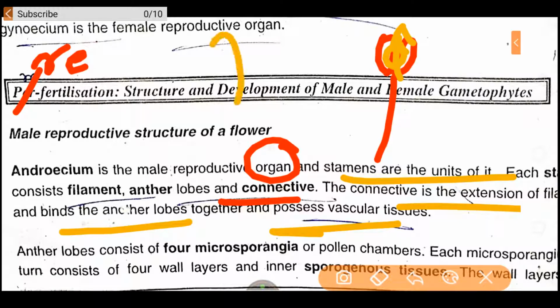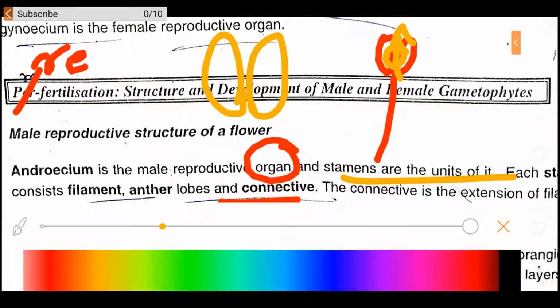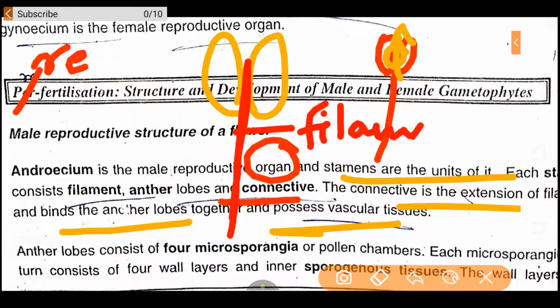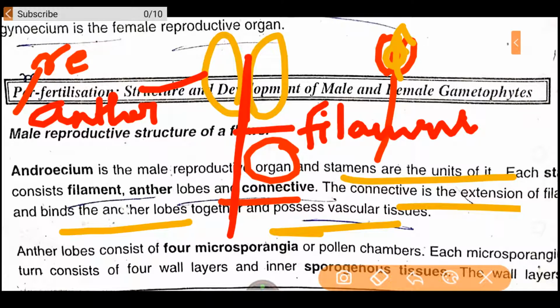So the anther lobe is like this. This is the filament, this is the anther, and this extension of filament into this bilobed anther is called the connective. And it possesses vascular tissues.